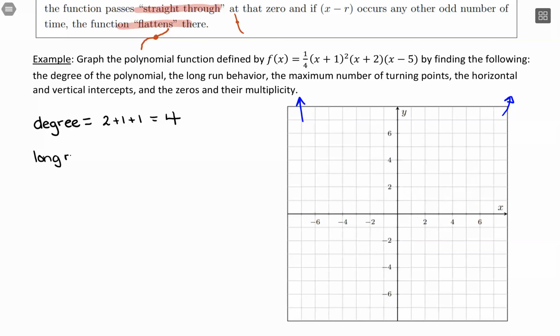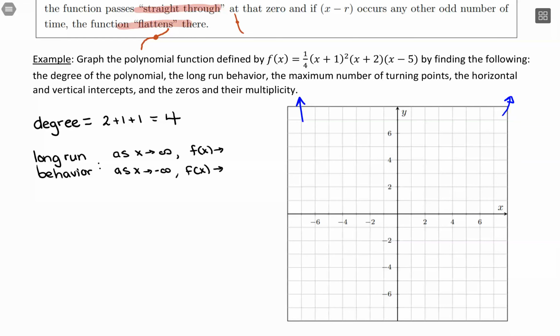So if we have to write out the long run behavior, the general structure goes: as x approaches positive infinity, f of x approaches, and as x approaches negative infinity, f of x approaches.